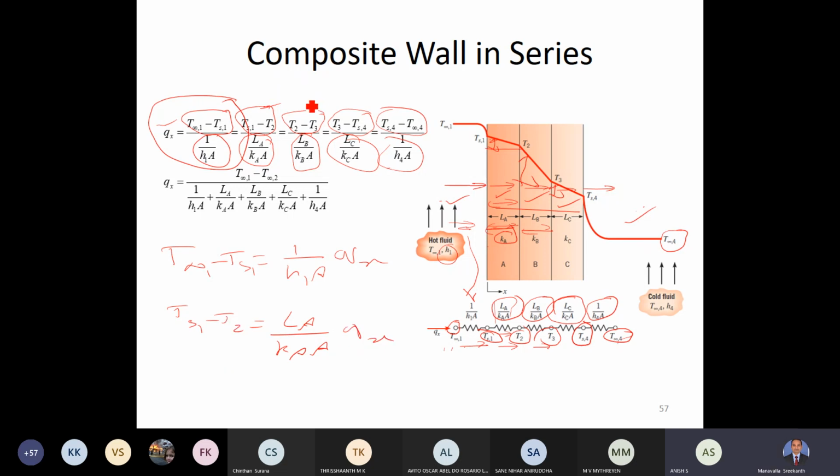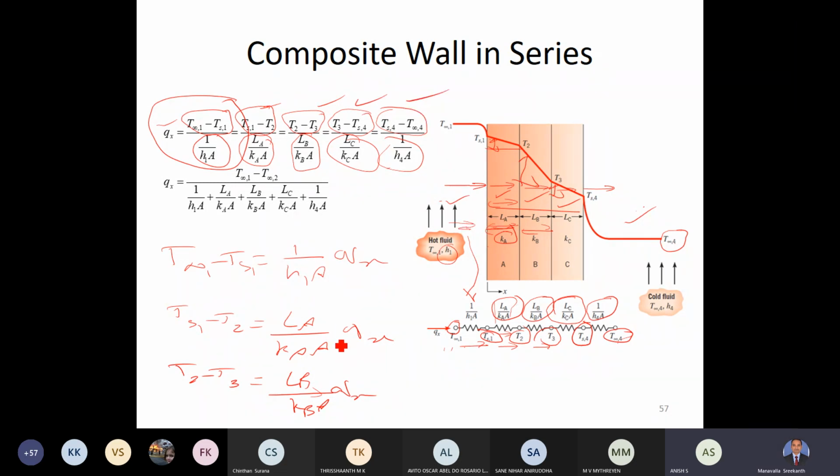From the third equation, you can write it as T2 minus T3 is equal to LB divided by KBA times Qx. Likewise, you can write it for the fourth equation and the fifth equation.